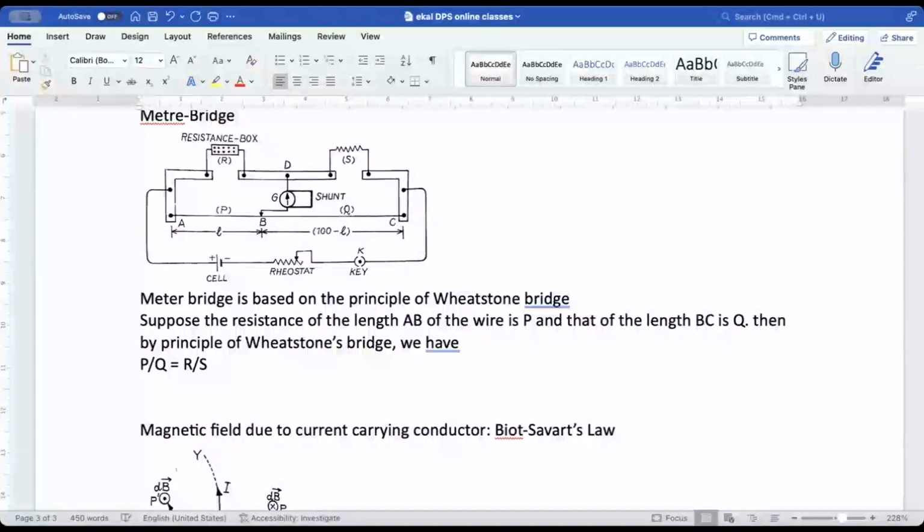Let the length of AB be L centimeters, then the length of BC is 100 minus L centimeters.